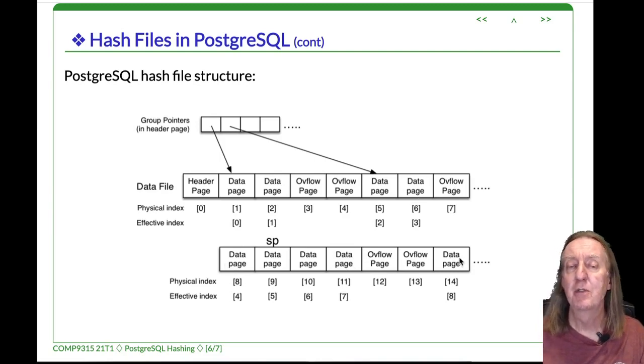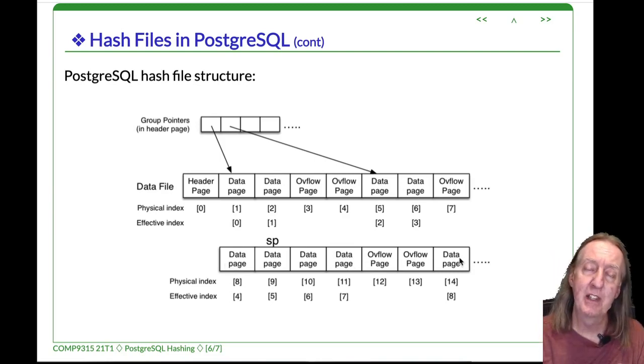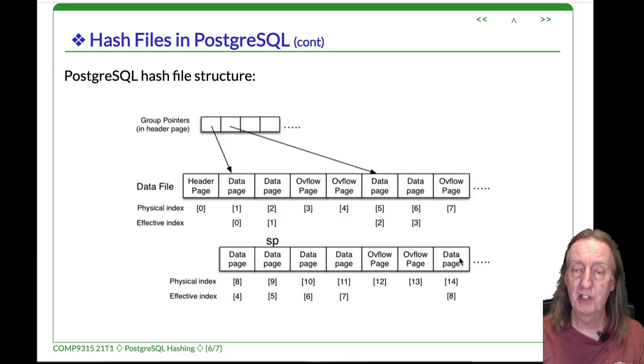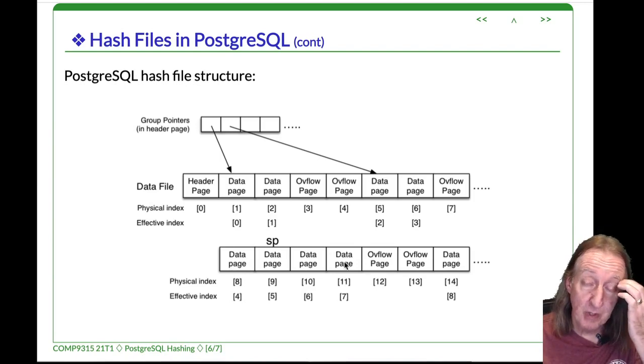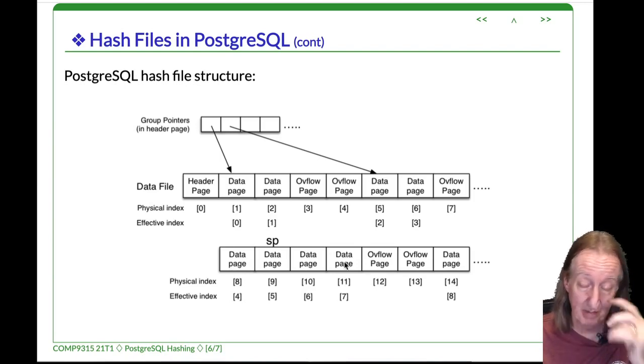So the size of these groups, the number of pages that they allocate, is actually determined by the current size of the file. So as the file gets bigger, the number of pages in a group tends to get bigger as well. But like I said, it's always a power of 2.